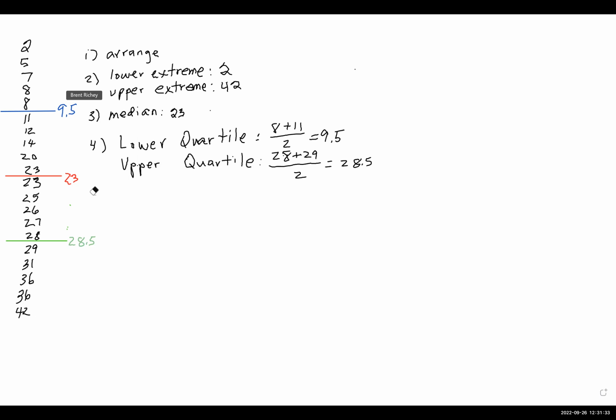We'll draw our graph here. I'm going to draw it horizontally, but sometimes it's displayed vertically. So whatever. So we know that our minimum is 2 and our maximum is 42. So that axis we have has to go at least that far.